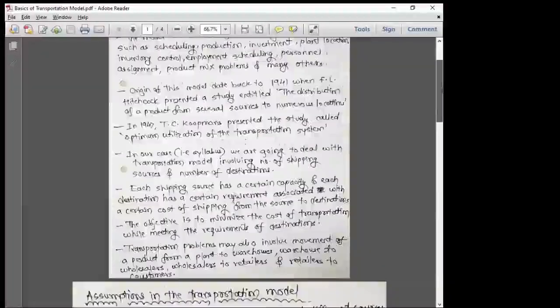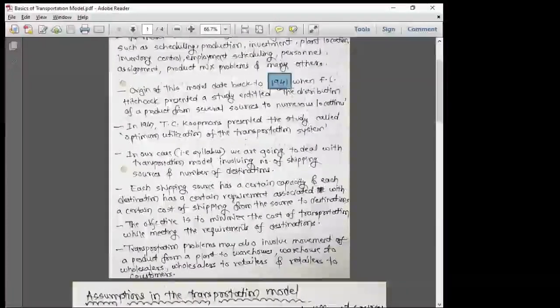Now let's see when this particular model came into existence. The origin of this model dates back to 1941, right? In 1941, the mathematician F.L. Hitchcock presented a study entitled "The Distribution of a Product from Several Sources to Numerous Locations." Then the work on this model started. Many mathematicians got involved.